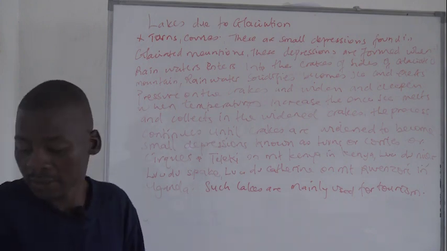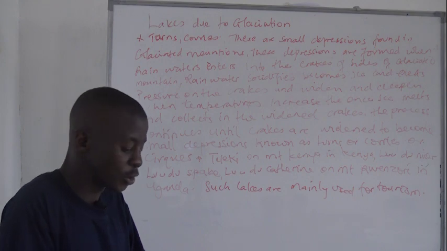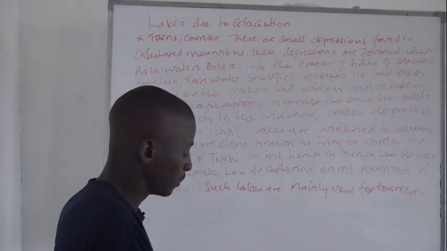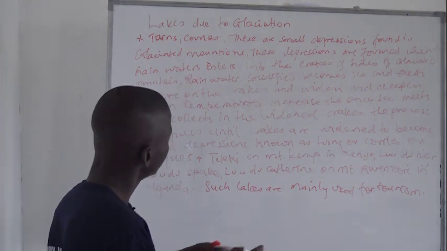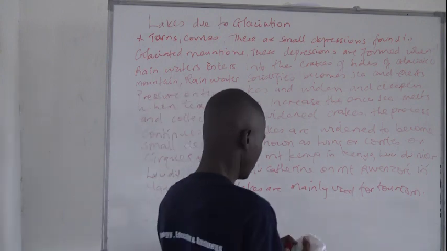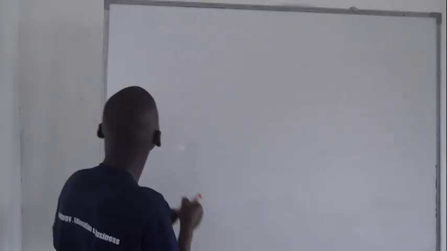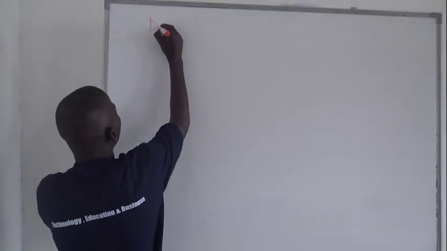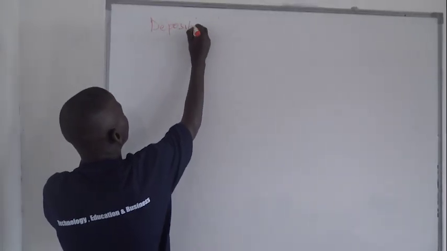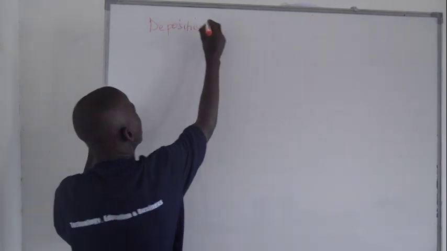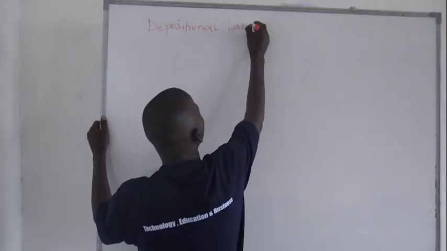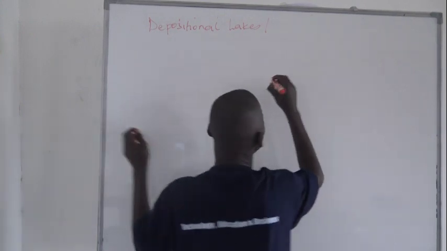Other types of lakes, let us look at lakes due to deposition, what we refer to as depositional lakes.